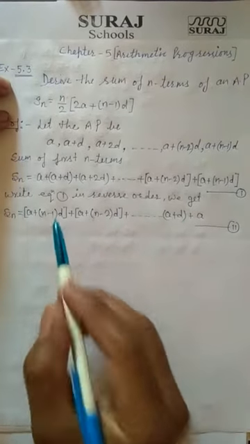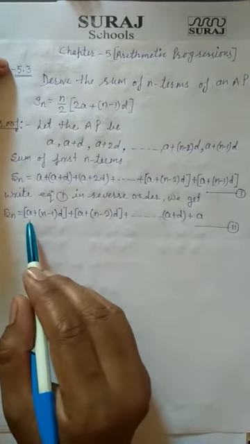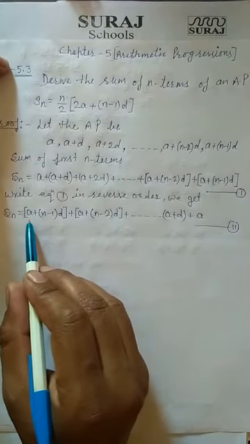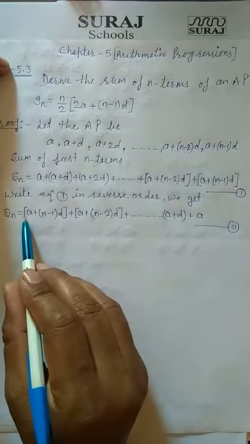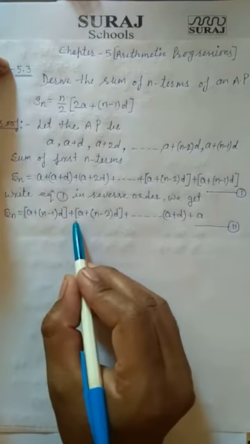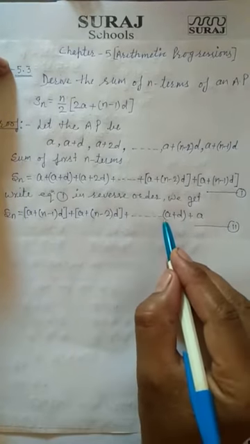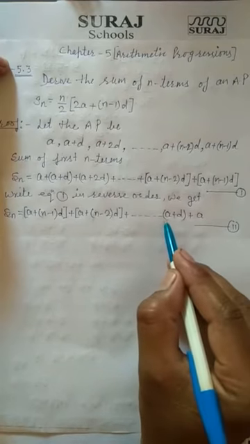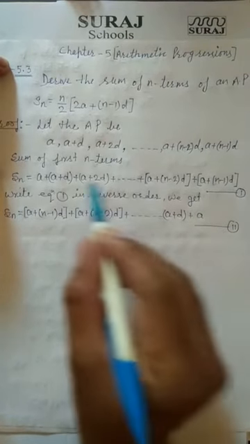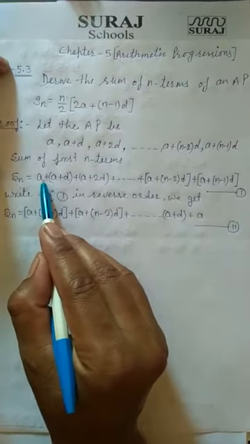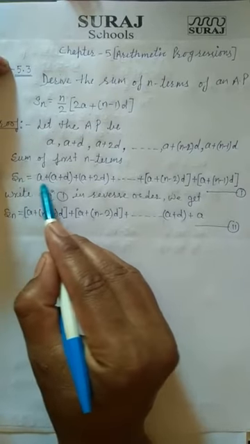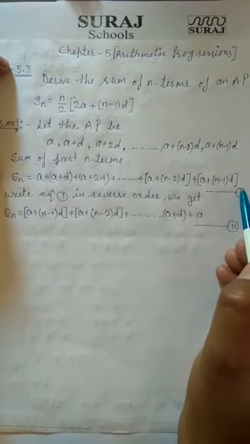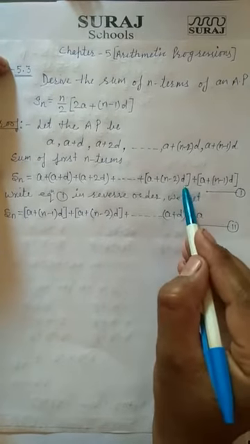Yes, students, here let's see in equation second. Here the first term and second term, and in the last, the last term and second last term. But in the first equation, at the start are the first term, second term, third term, and from the last, the last term, second last term.